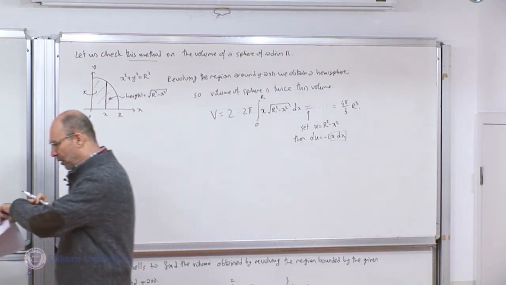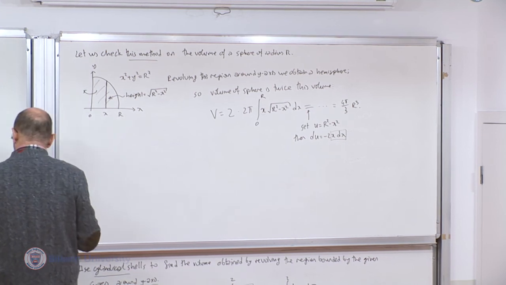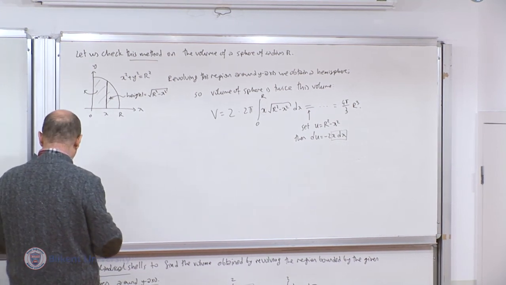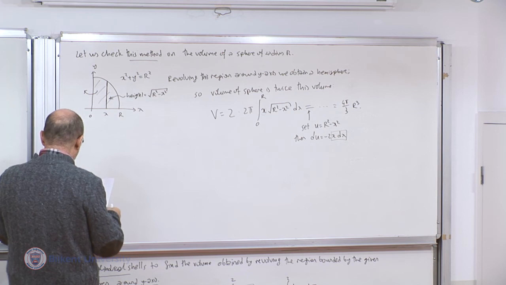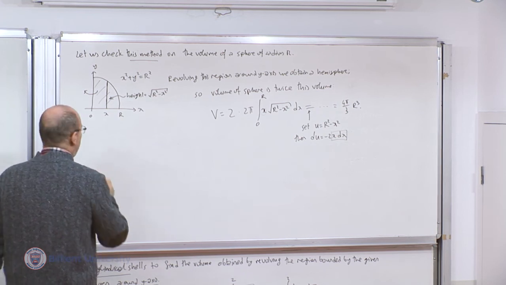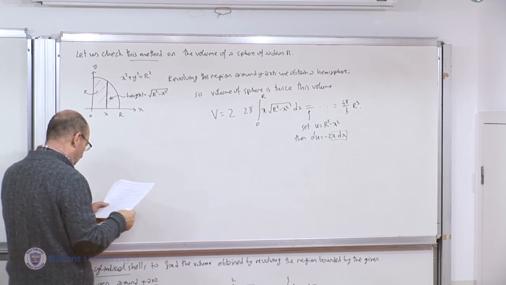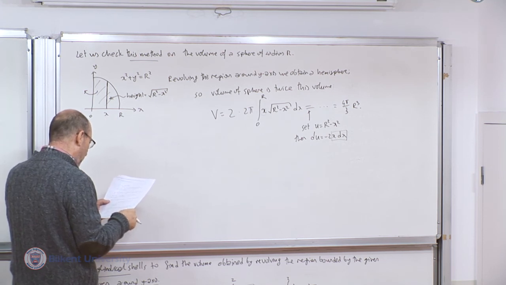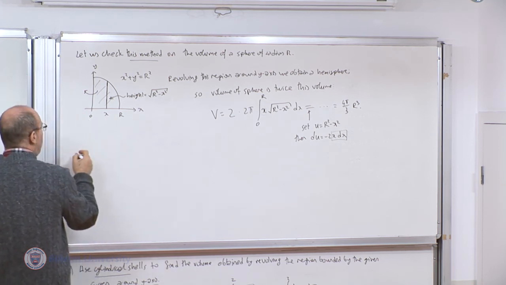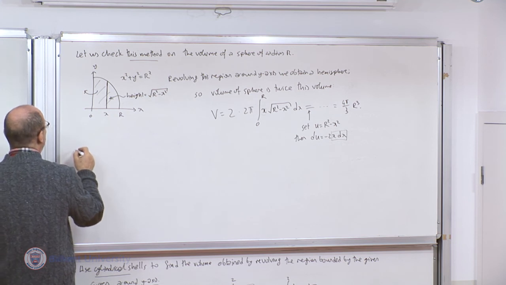Okay, and the last one, let us do as the last one, the volume of a torus. Well, I will not do the calculation, so maybe I can just do it here.